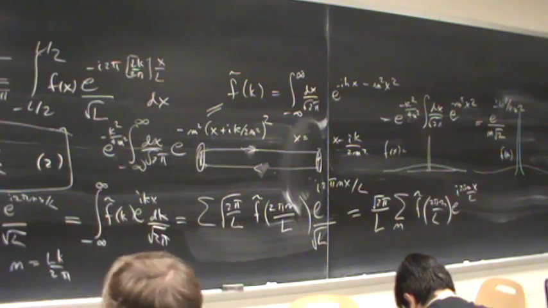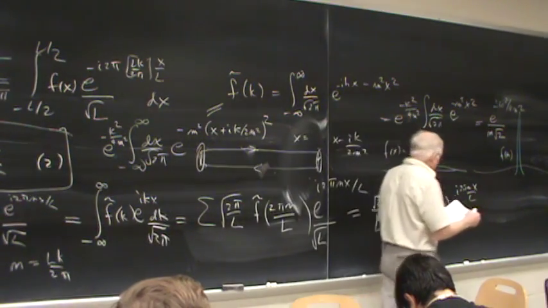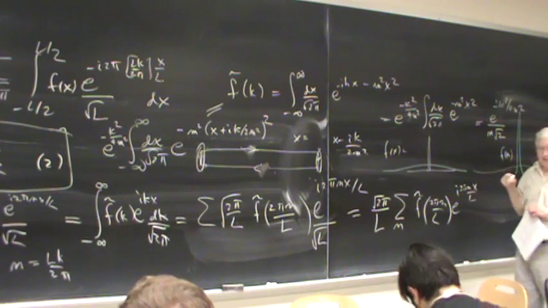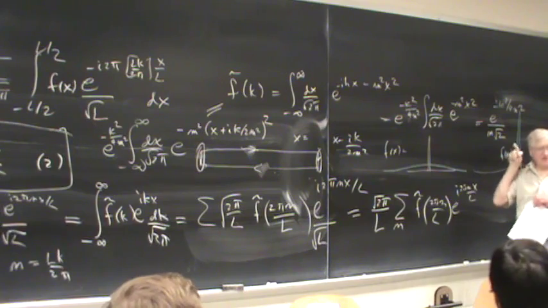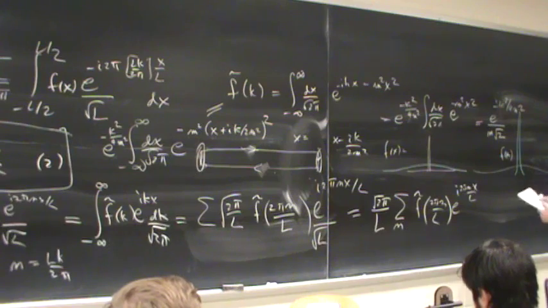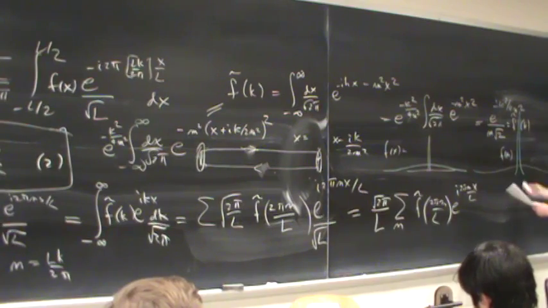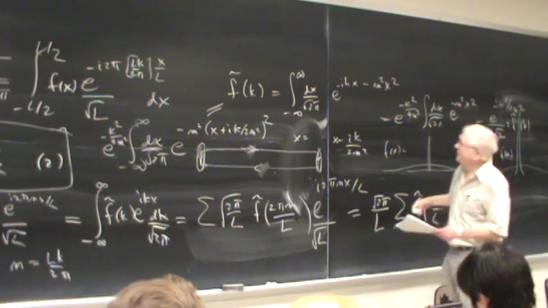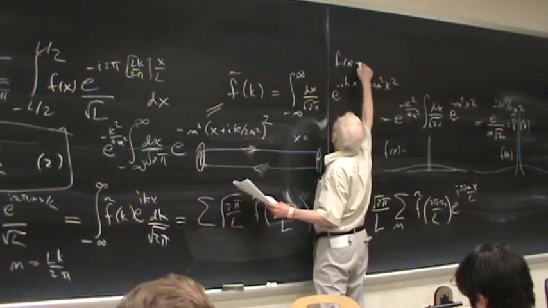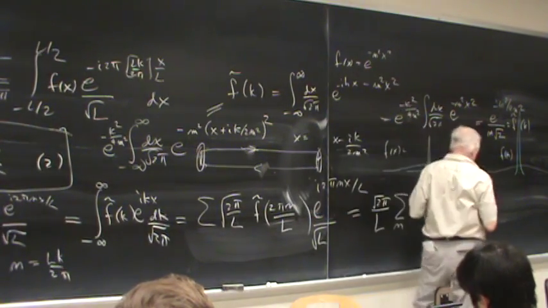Okay. Now, what we ought to do is use our Fourier transform formulas, which allow you to go in both directions. We have one formula to go from x to k and another one to go from k to x. So let's go backwards, and see if we start with this as f tilde of k, whether we wind up with f of x, which was e to the minus m squared x squared.